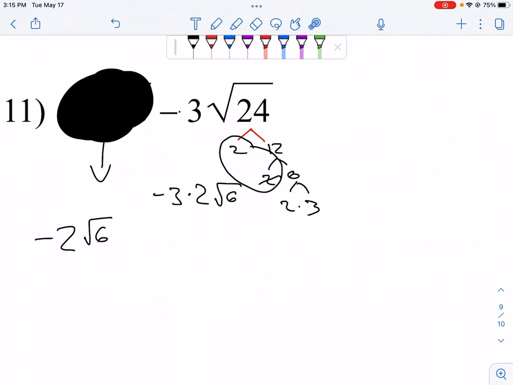So negative 3 square root 24 could be converted to negative 6 square root 6. And now I have like radicals. So I have a rad 6 and a rad 6. So now I can count up. I have negative 2 rad 6's and negative 6 rad 6's. So I have negative 8 rad 6's.